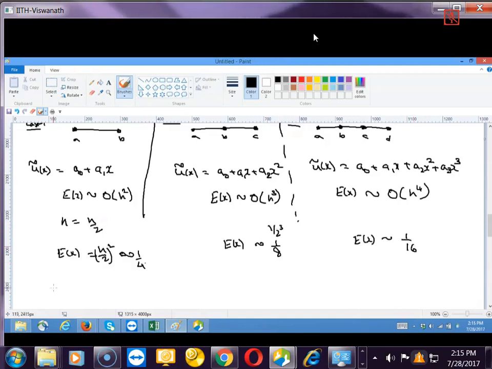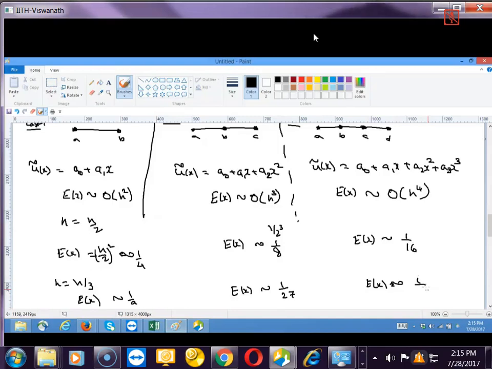Similarly, if I take h equals h by 3, my error would diminish in the order of 1 by 9. My error would decrease in the order of 1 by 27. My error would decrease in the order of 1 by 81. So that means it is still one element solutions.